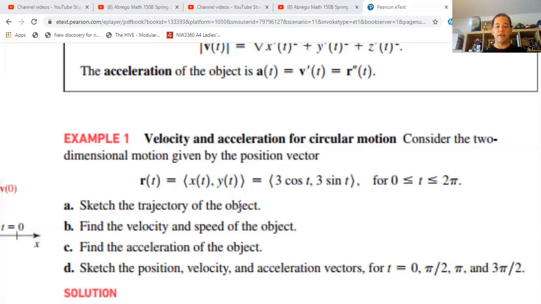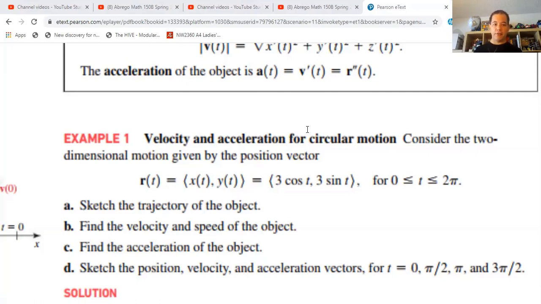Next, find the acceleration of the object, and then sketch the position, the velocity, and acceleration for the values of t equal to 0, pi over 2, pi, and 3 pi over 2. All right, so let's go to the page and work it out by hand, and then I'll show you some animations that will hopefully illustrate this point in a much better way.